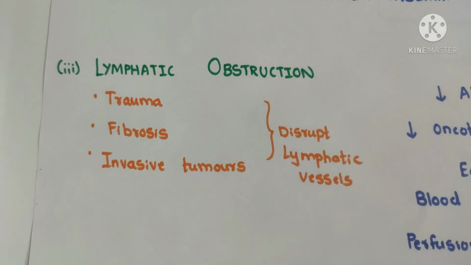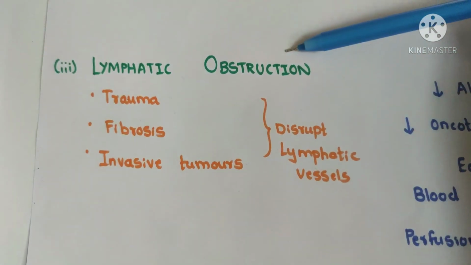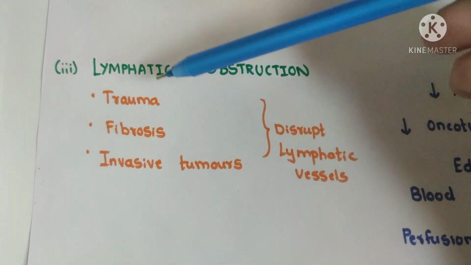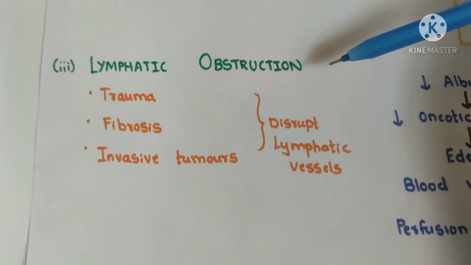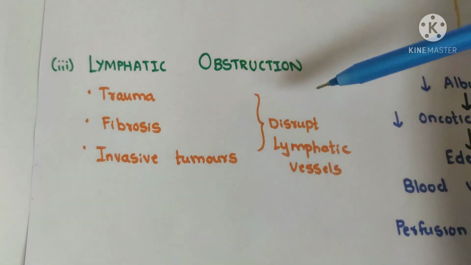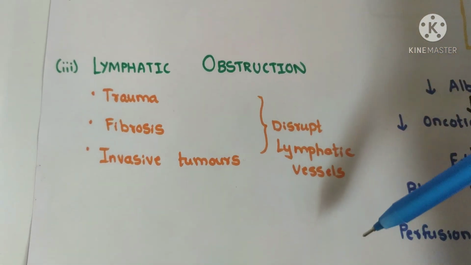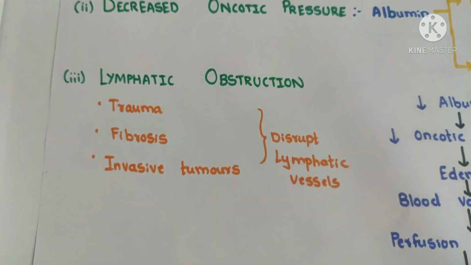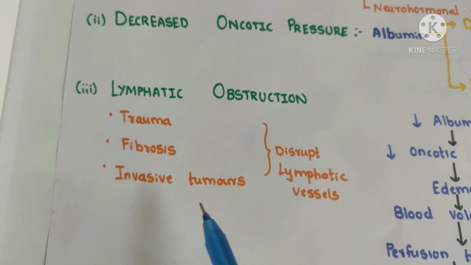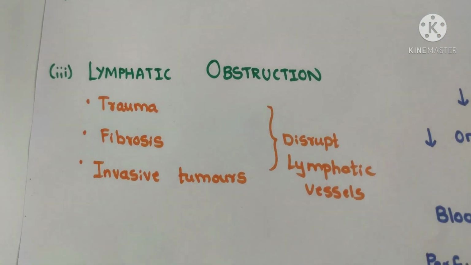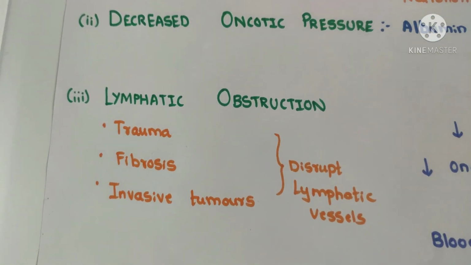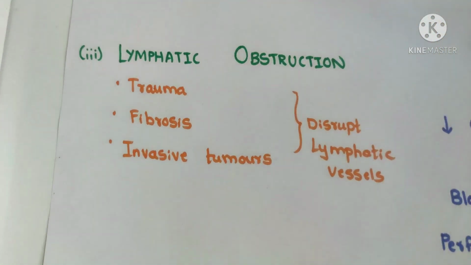Now let's look at the third reason, that is lymphatic obstruction. When there is trauma, which can be due to surgery or irradiation or due to inflammation, there will be disruption of lymphatic vessels. It can also occur due to development of fibrosis or tumor within the vessels. Hence, there will be impairment of the vessel's ability to get the interstitial fluid back.